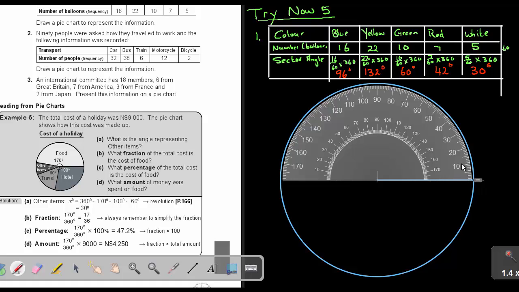Now, look at the scale that starts with 0. It's this one. Can you all see that 90, there's 95. So 96 will be one block on.